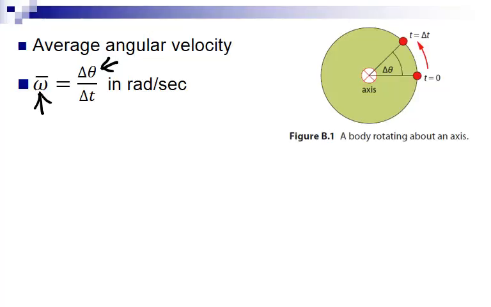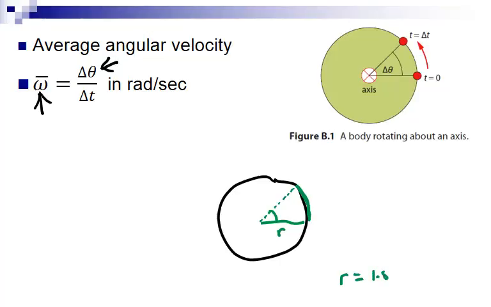So we want to review what a radian is, right? So you've got a circle. The radius is here. If this length matches the length of the radius, that is a radian. So if the radius is, I don't know, 1.5 meters, this length right here would be 1.5 meters.